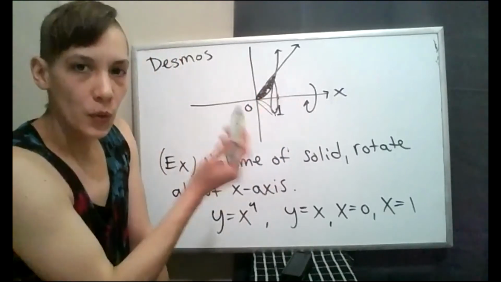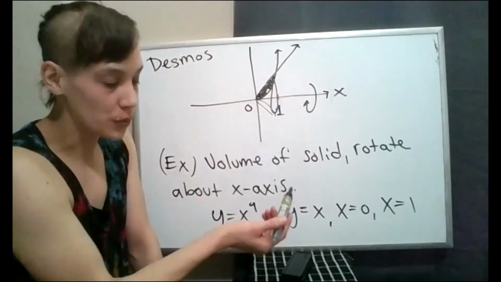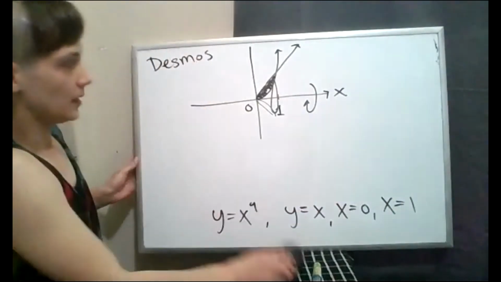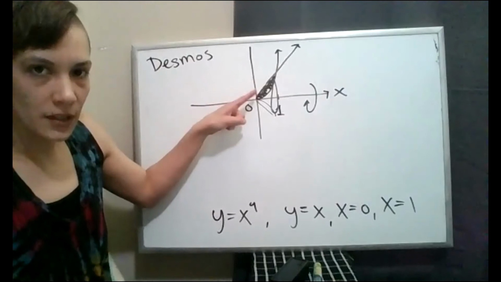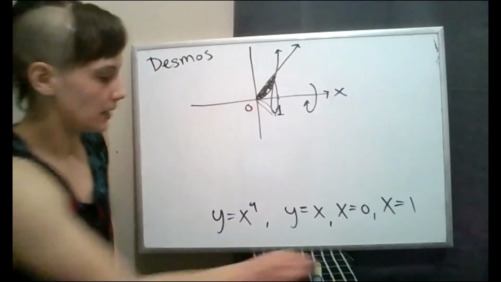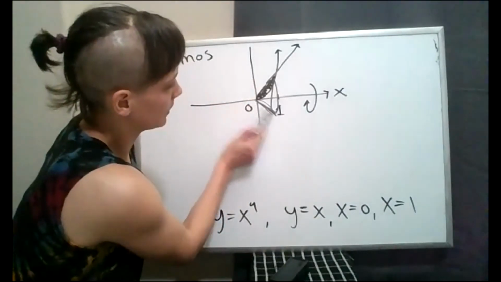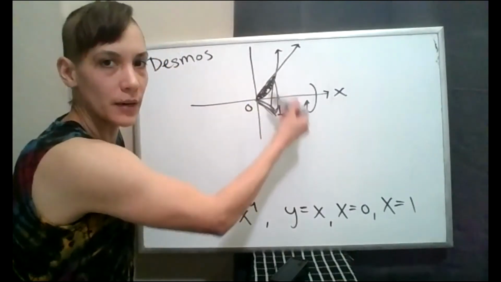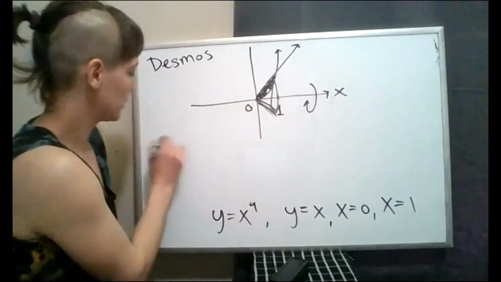Okay. We're going to have a hole in the middle, so we want to use washers. So it's like swirl that shape around the x-axis, and you've got this other straight line here and a hoop here. I'm going to put a washer around that hole in the middle.